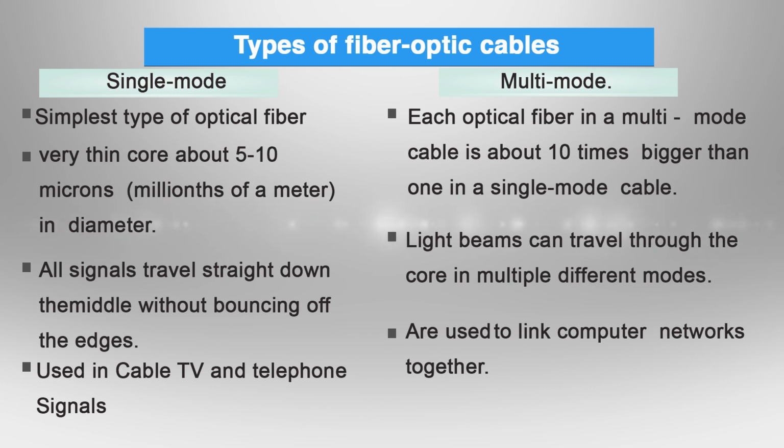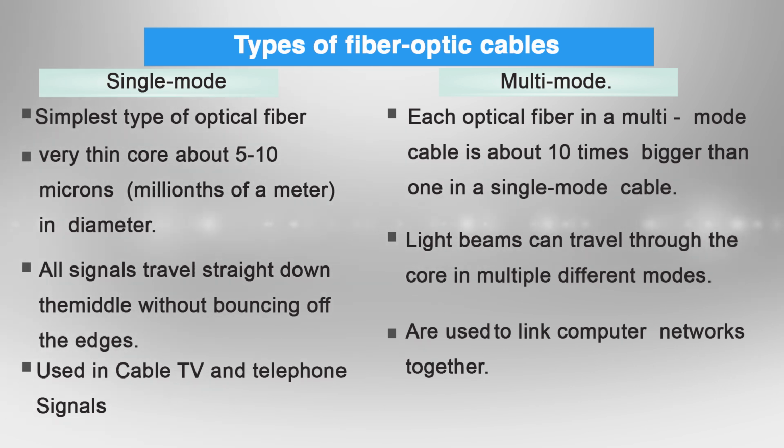Multi-mode fiber is a type of optical fiber that can transmit multiple beams of light over short distances. It has a larger core diameter, typically 50 to 100 microns, and a lower bandwidth than single mode fibers, but is more cost effective and easier to install.